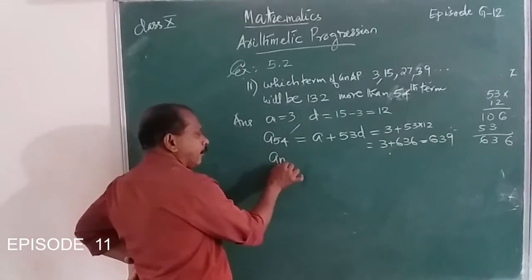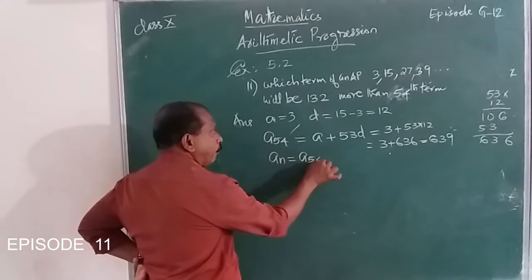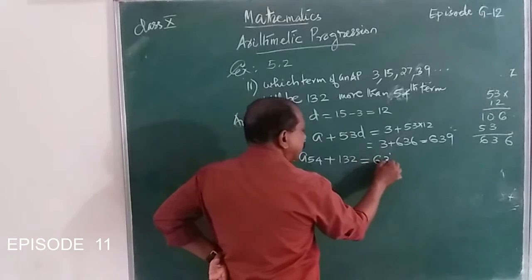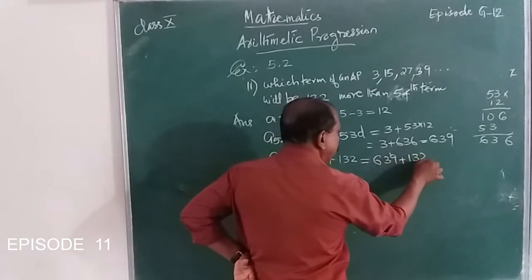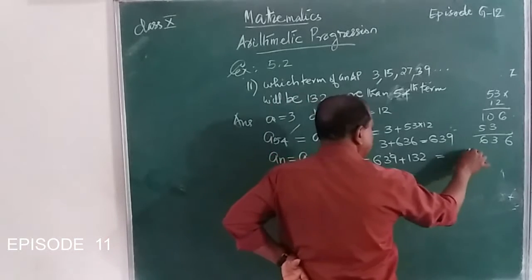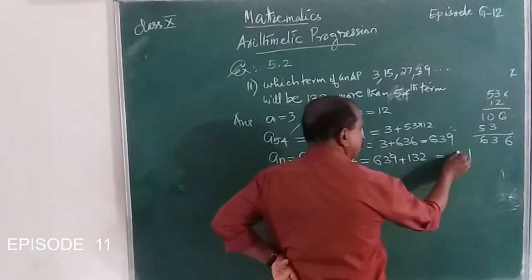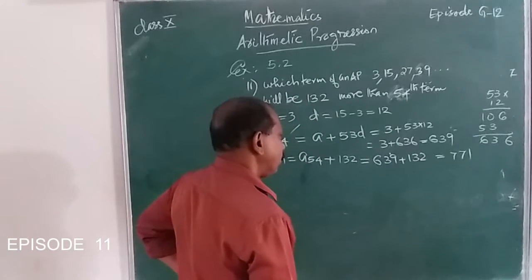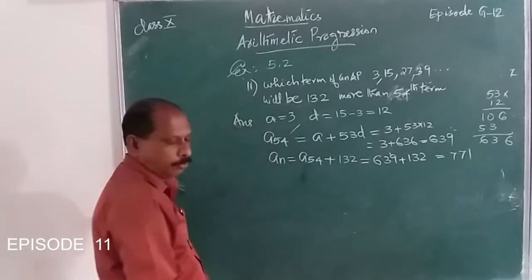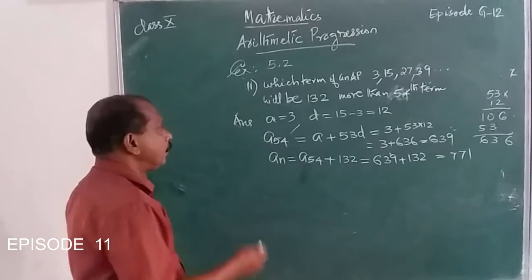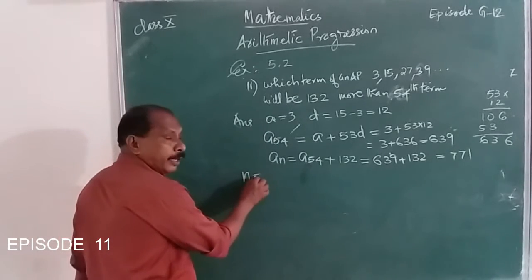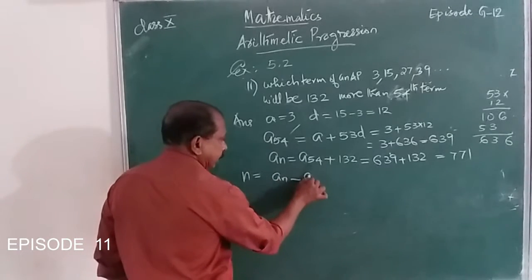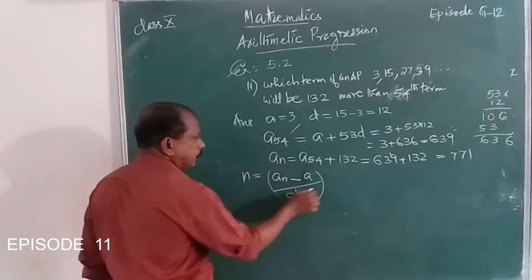Then an is equal to a54 plus 132, which is 639 plus 132, that is 771. That is the required term. Therefore, what is the formula? n is equal to last term minus first term by common difference, plus 1.